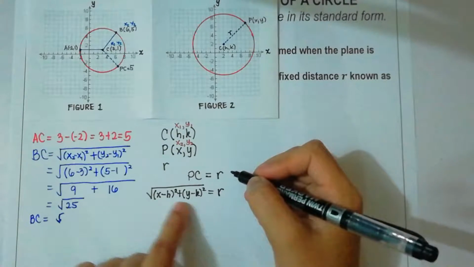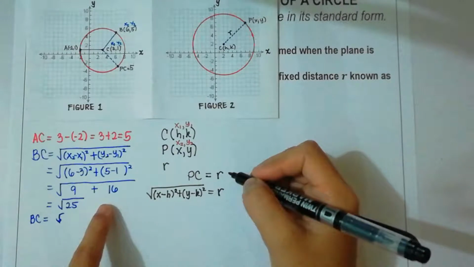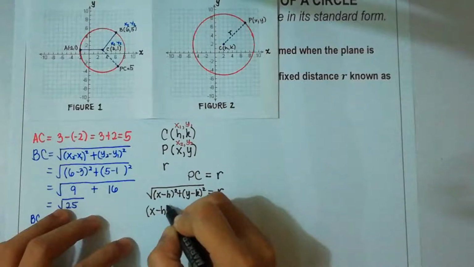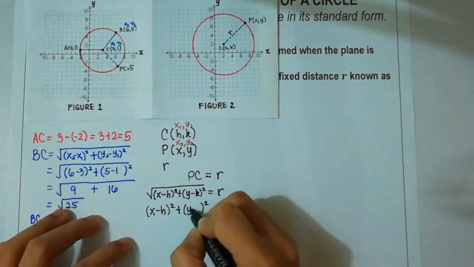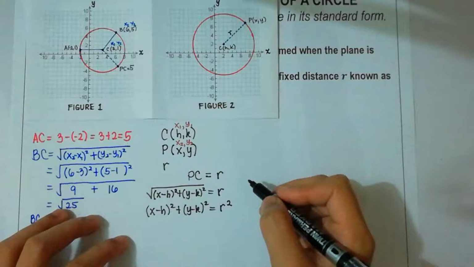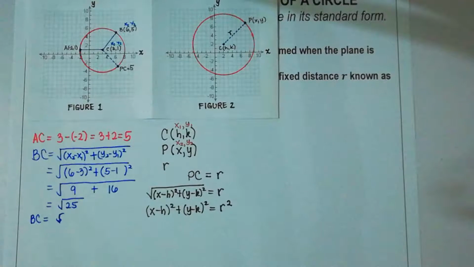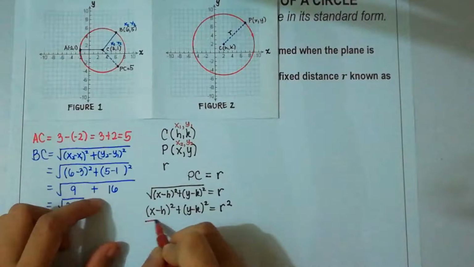By squaring both sides of the equation, we can eliminate the square root. So we now have (x minus h) squared plus (y minus k) squared is equal to r squared. And there you have it. This is the standard equation of a circle with center at h, k and radius r.